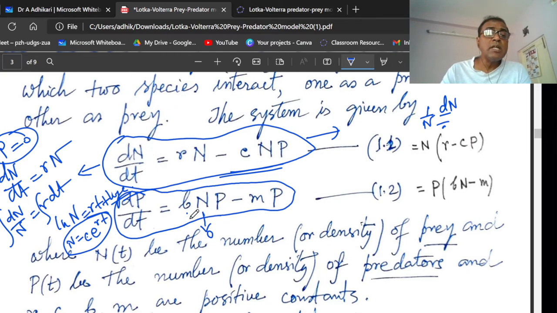And this term BNP has a positive effect on the growth of the predator, because dP/dt is equal to B into N into P minus something. So this is the positive sign, and this term accrues to the growth of the predator.